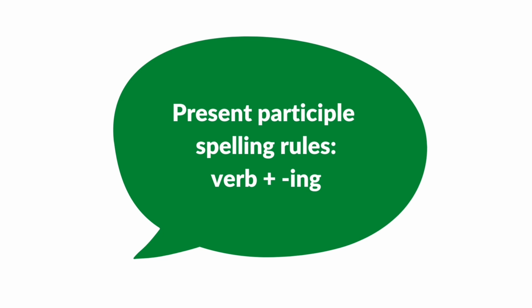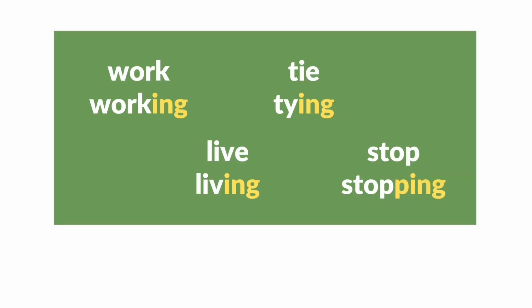Present participle spelling rules. Verb plus ing. Well, with most verbs, as you can see here with the verb work, we add ing. We don't remove any letter. We don't add any letter. We just add ing, working. But if a verb ends in letter E, we remove letter E and then add ing.